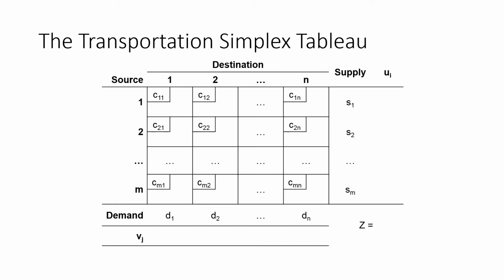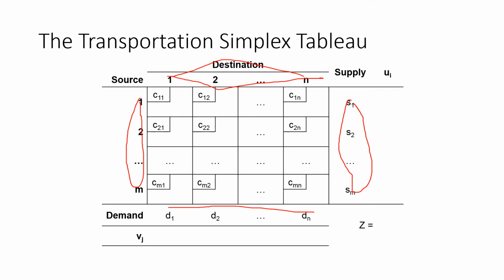This is the anatomy of the transportation simplex tableau, or the transportation tableau. As I told you, these are the sources. There are m sources and n destinations, and in the sources you have the various supplies, and in the destinations you have the various demands, and of course the transportation costs Cij.